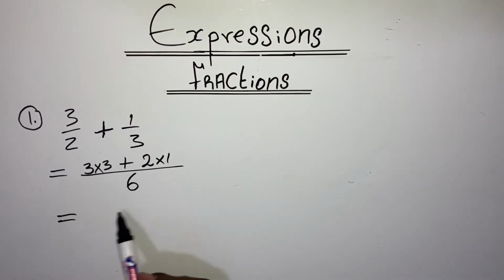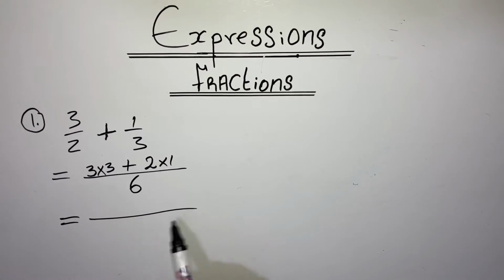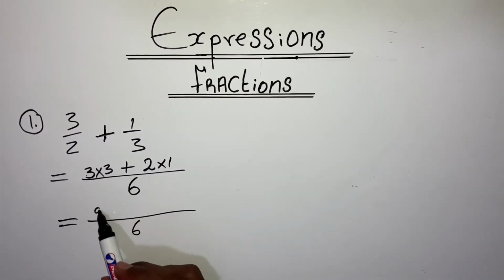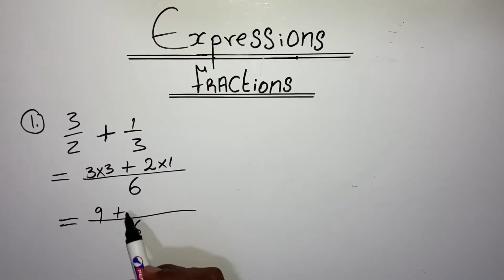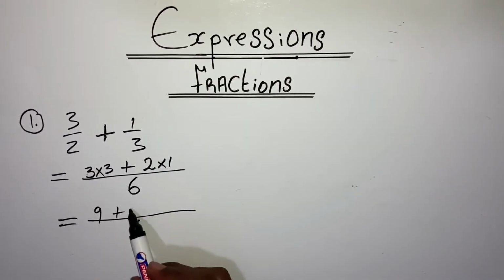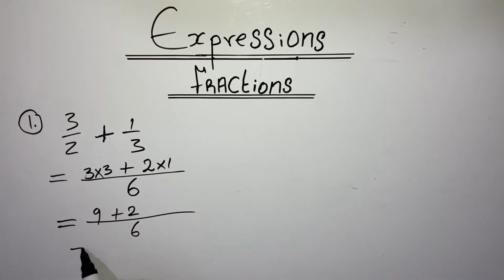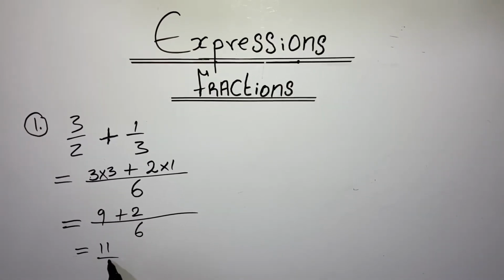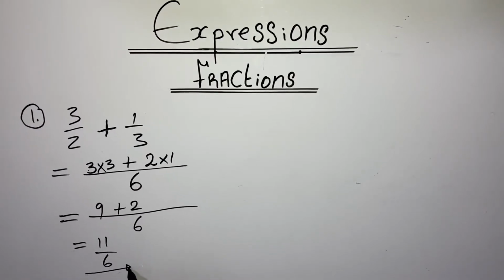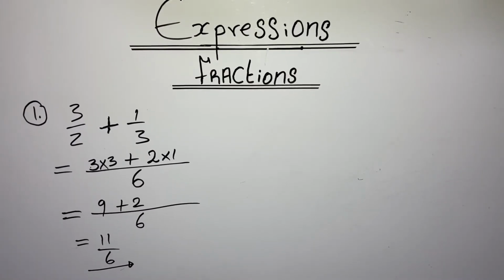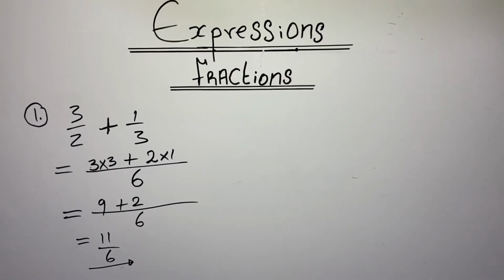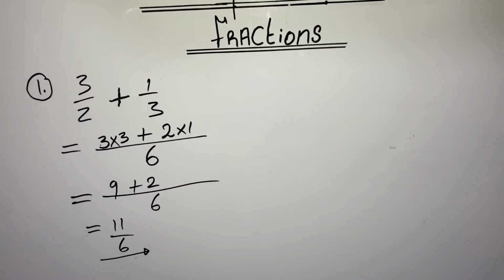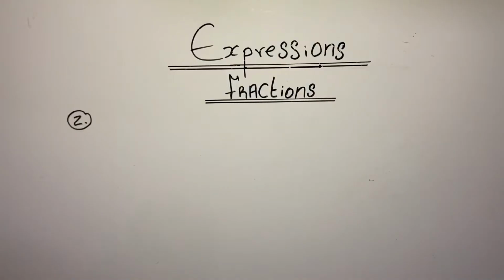Then 3 times 3 is 9, plus 2 times 1 is still 2. So what you get is 11 all over 6. So this would be your answer.